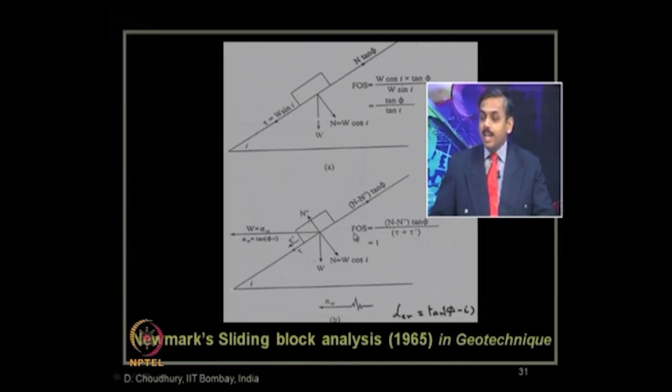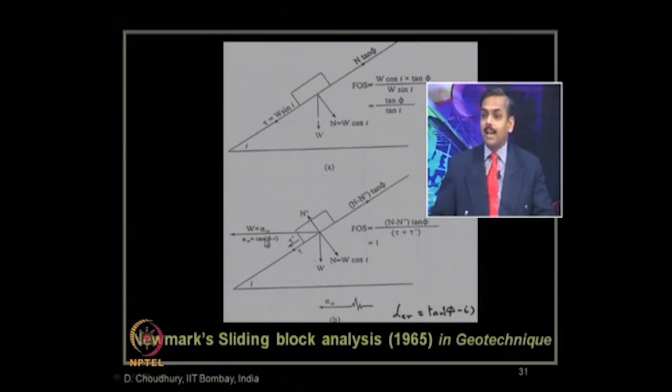Newmark proposed that equate this expression of factor of safety to 1, and when you are equating with respect to 1, whatever value of this alpha CR, that is this seismic acceleration coefficient, you are getting for a factor of safety equal to 1, that is called critical acceleration or yield acceleration.